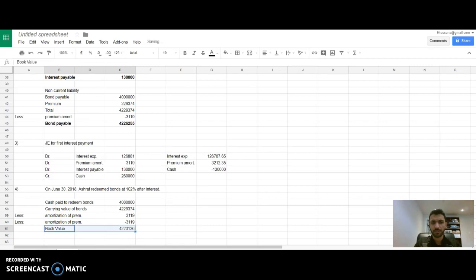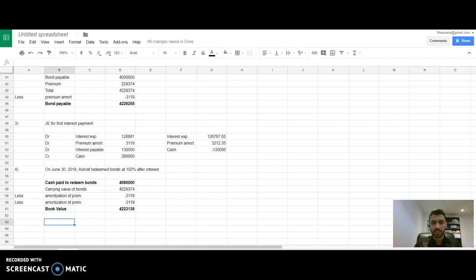Book value. Okay. So we know when you're trying to calculate gain or loss, you simply take the amount of your book value and deduct that from the price. So now in this case, we are buying back our bonds.